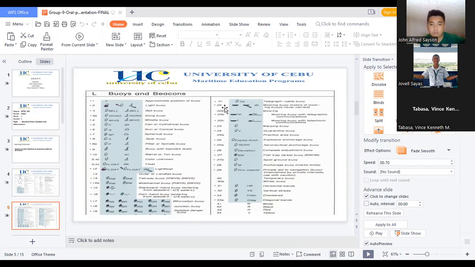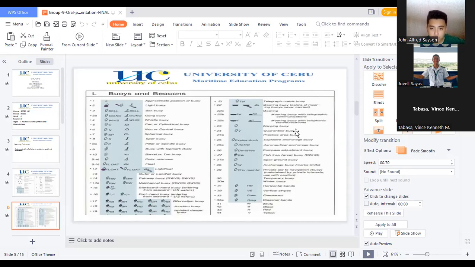Number 21 is telegraph or cable buoy, and number 22 is mooring buoy. Colors of mooring buoys are never carried. 22A is mooring. 22B is mooring buoy with telegraphic communications. 22C is mooring with telephonic communications.